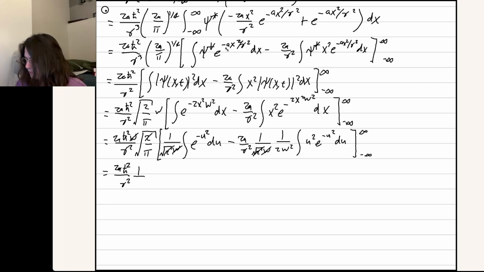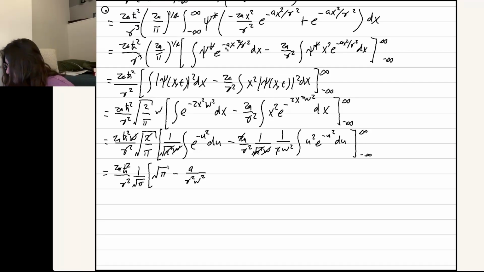We still have the 1 over root pi, but now this integral is just root pi. This 2 will have canceled out this 2, so we just get a over gamma squared w squared, and then that integral is root pi over 2.